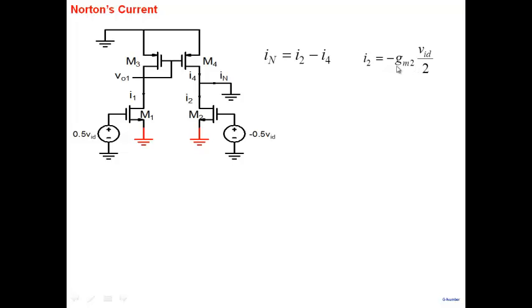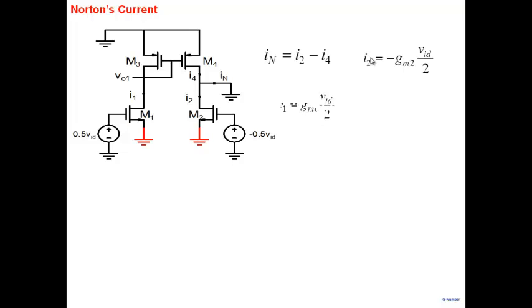GM VGS, and GM VGS is nothing but 0.5 VID, so that's the current source here. Plus there should be a current which flows through the R0. But note, one end of R0 is ground, the other end is also ground, so no current flows through R0. Okay, so that's why the current I2 is simply GM times VID by 2. This is the current here.